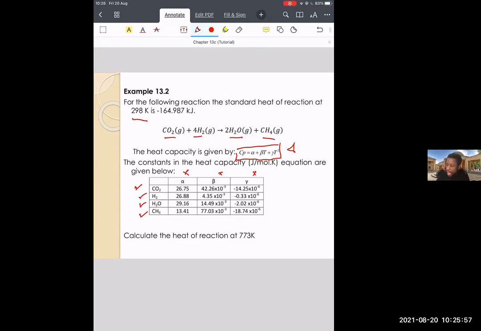So let's see how we are going to solve that. Take note of the table, take note of the formula we've been given, and also the value for our heat of reaction that has been provided.